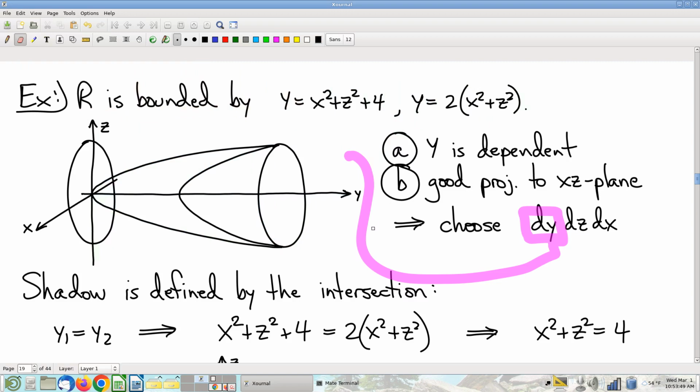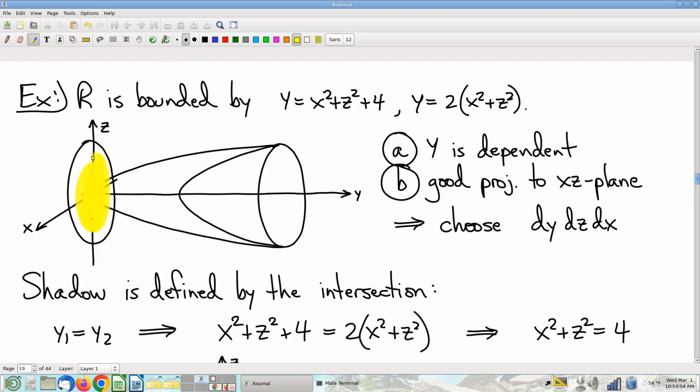Anyway, we have a good projection into the xz plane. Now again, I just see that from the geometry. If you project into any other plane, weird things are happening, right? This is the good direction. And I have a very well-defined lower bound surface. And I have a very well-defined upper bound surface.